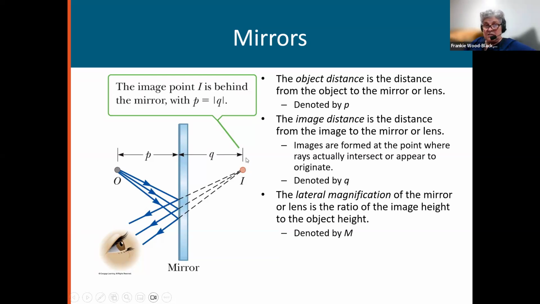We use Q to denote the image distance, and for flat mirrors, the distance between the object and the surface, and the distance between the surface and where the image is, will be the same.